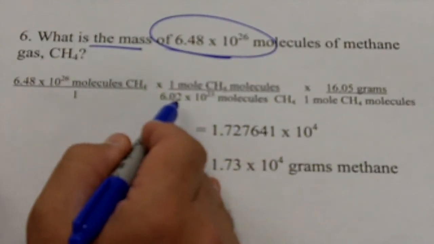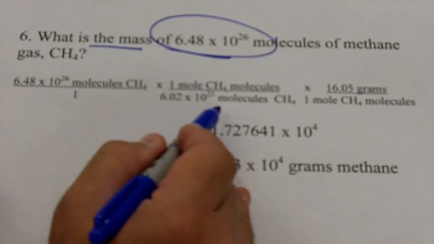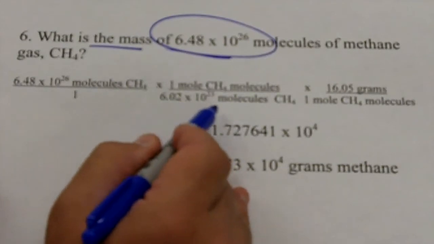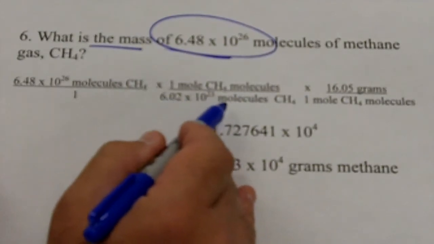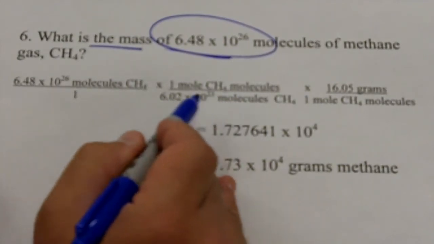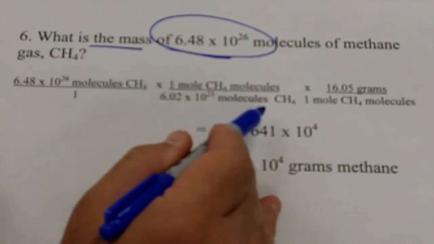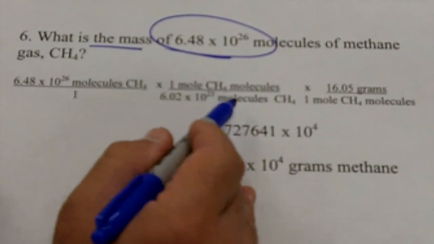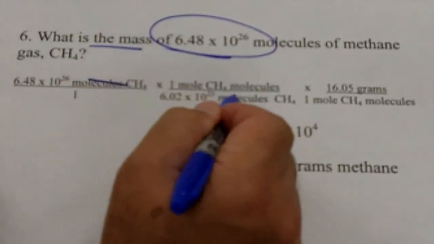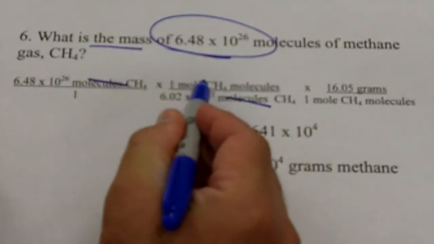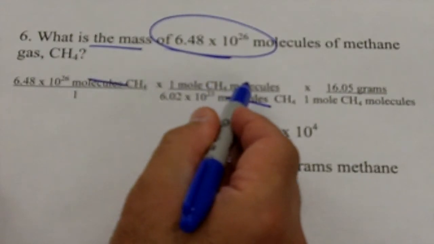There are 6.02 times 10 to the 23rd tennis rackets in a mole of tennis rackets. So what the unit is really is irrelevant. 6.02 times 10 to the 23rd is the number of things in one mole, so that's what we put. This unit and this unit will cancel, and I'm left with moles of CH4 molecules.